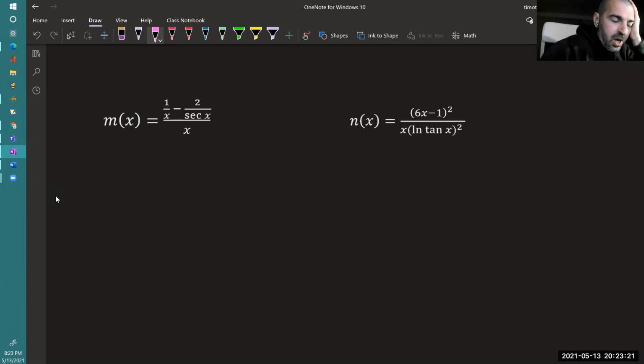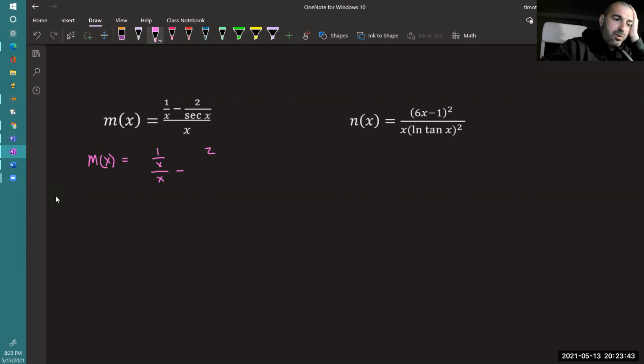Immediately. But I'm kind of thinking it might be nice for us to simplify this first, okay? So basically, I can write m of x as 1 over x, right?